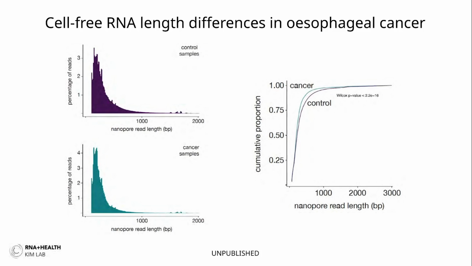We're not really sure what the biological mechanism for this may be, but this is also, again, an interesting feature within these cell-free RNAs. And so, as you heard, there are these efforts to do DNA-based fragmentomics, and so maybe RNA-based fragmentomics or these size comparisons may also be something that we could pursue in the future.